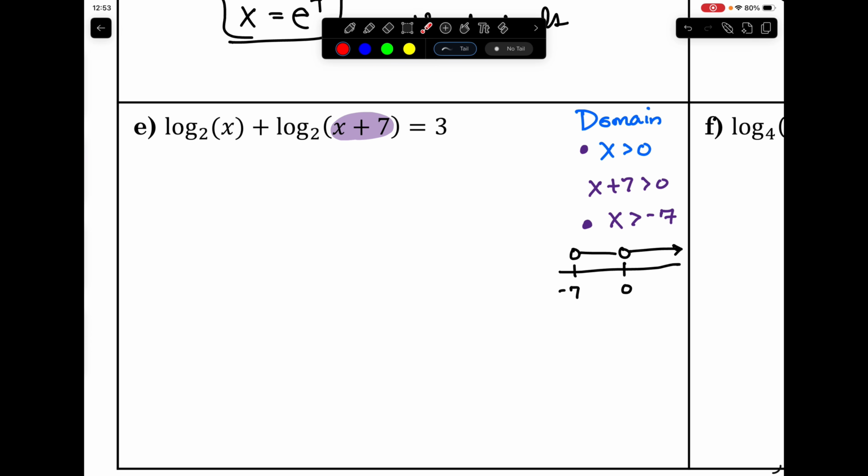So in order to satisfy both conditions, it has to be over here, a number bigger than 0. Because if I pick a number smaller than 0 and only put right here, that's not going to satisfy this condition there. So I have to make sure that I satisfy that condition right there. This right here will guarantee me that it's a number bigger than 0 and obviously a number bigger than negative 7.